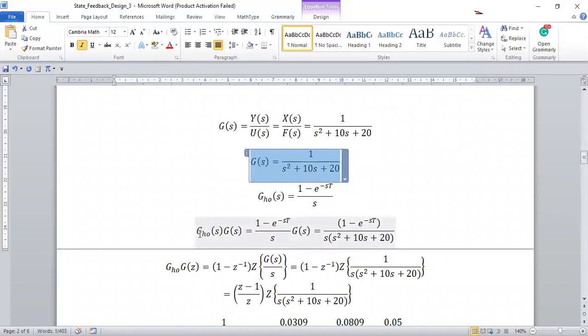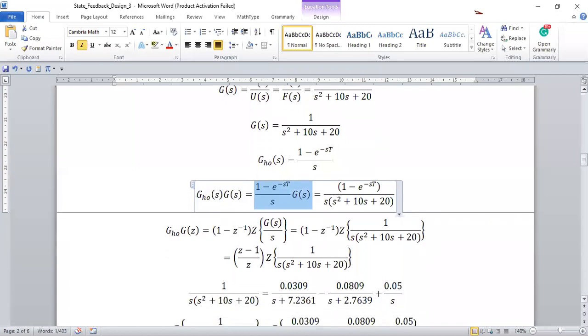It's another transfer function due to the influence of the zero order hold. The zero order hold is the model of the DAC, the digital to analog converter. So we are including the DAC in the transfer function to be able to see things properly, the way the computer is seeing it.